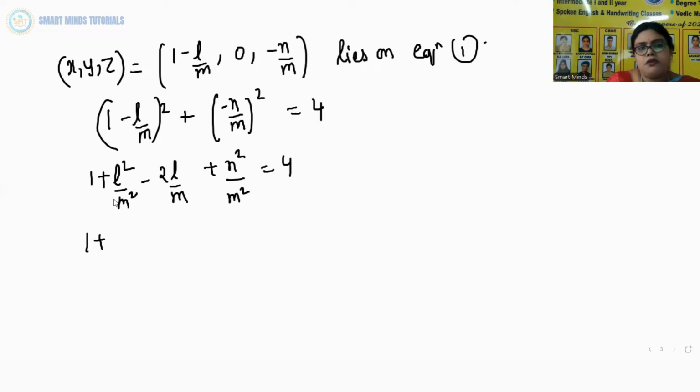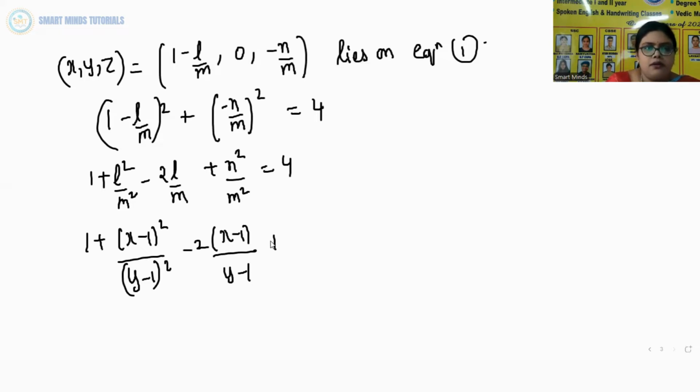Now we substitute the LMN values which we got. So L is x minus 1 whole square, m is y minus 1 whole square, minus 2 into L is x minus 1, m is y minus 1, plus n is z square by y minus 1 whole square is equal to 4.